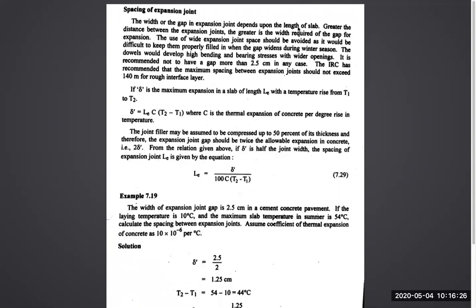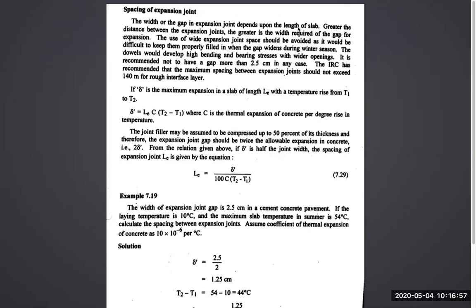That doesn't mean that you go on increasing the length of the slab, because you can't provide a greater gap. As you know, the joints are the weakest part of CC pavements. Through these joints, if not maintained, the ingress of grit material or ingress of water will take place, which leads to various failures in CC pavements.